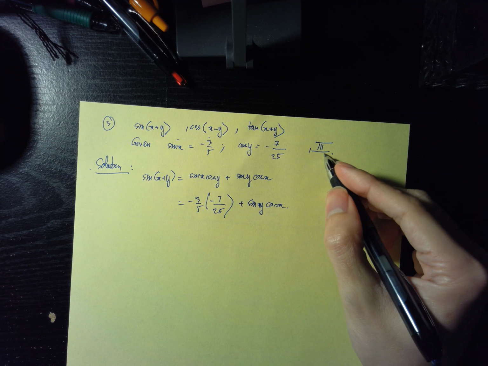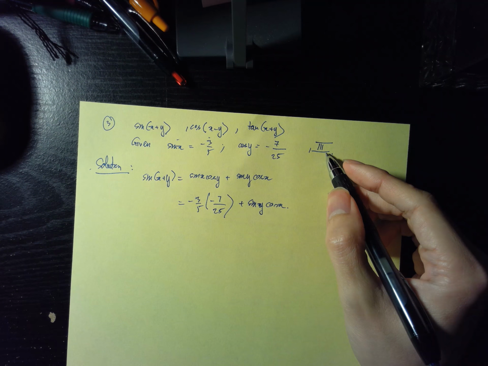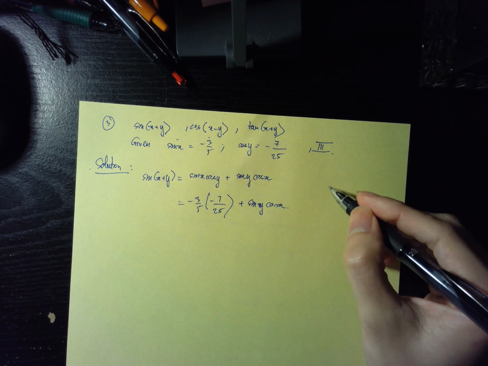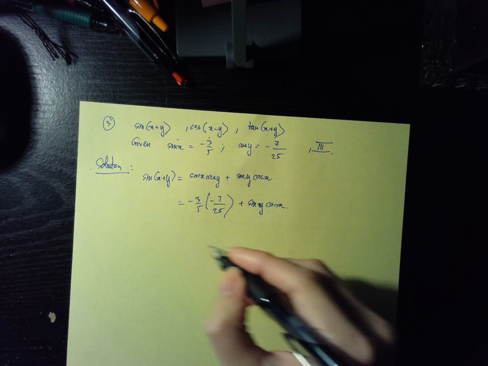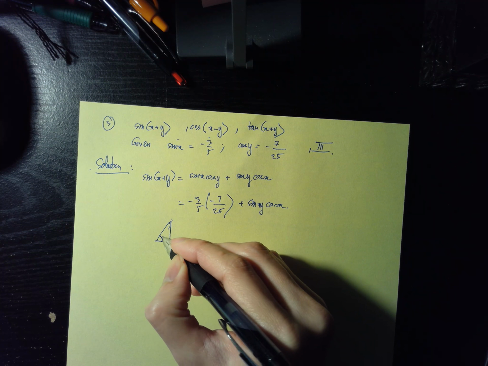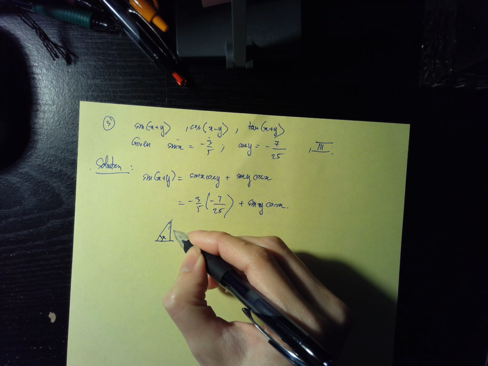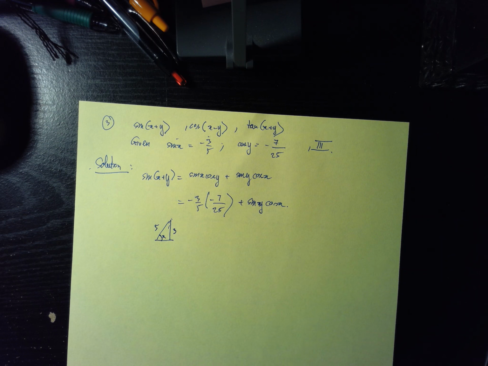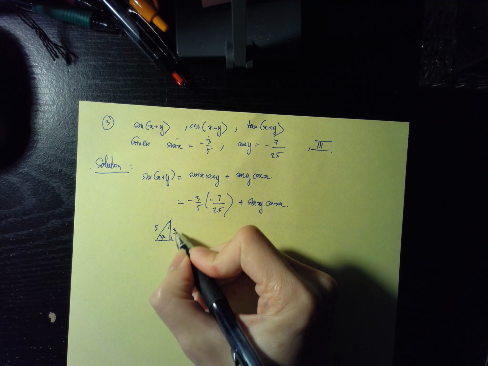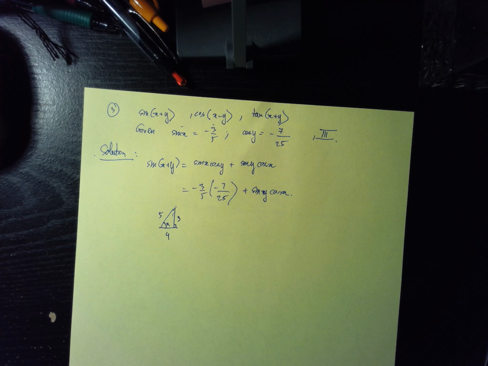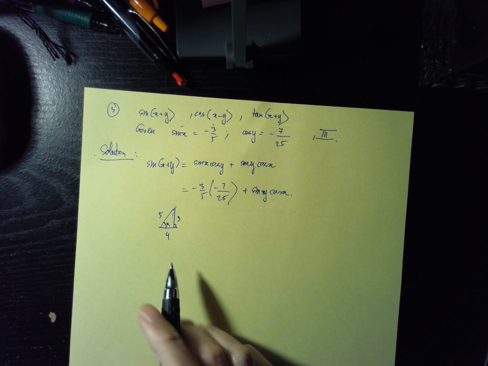So we know this is in quadrant 3, right? If you draw, you know, sine of x is this. Sine equals opposite over hypotenuse, and this is a right triangle, so I know this side will be 4, and you can calculate cosine of x from here.